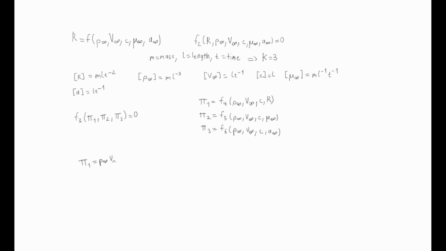So assuming pi1 equals the following expression, its dimensions can be derived. Since pi1 is dimensionless, the indices of the fundamental dimensions should add up to 0. We get the following simultaneous equations. Hence, we can solve for each variable.